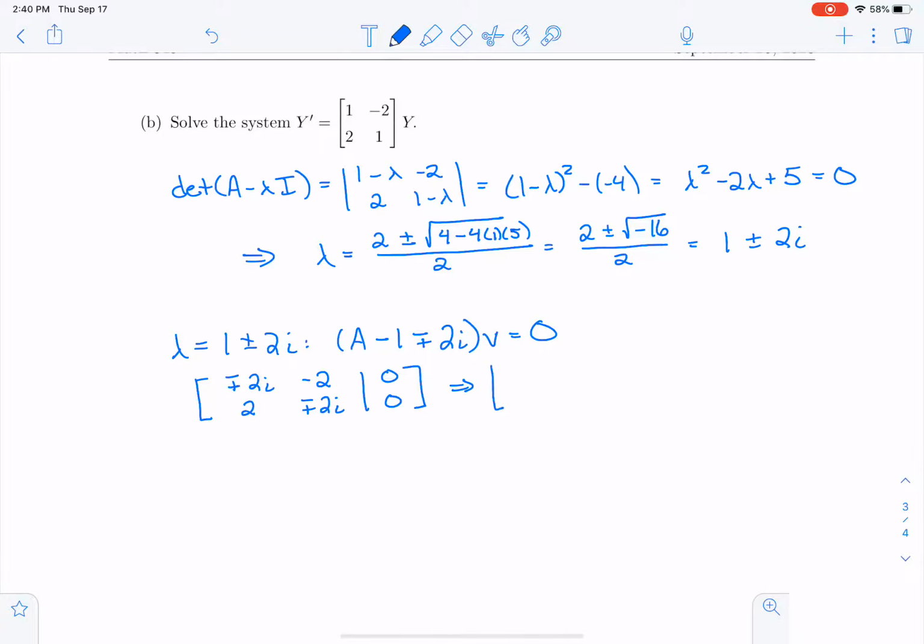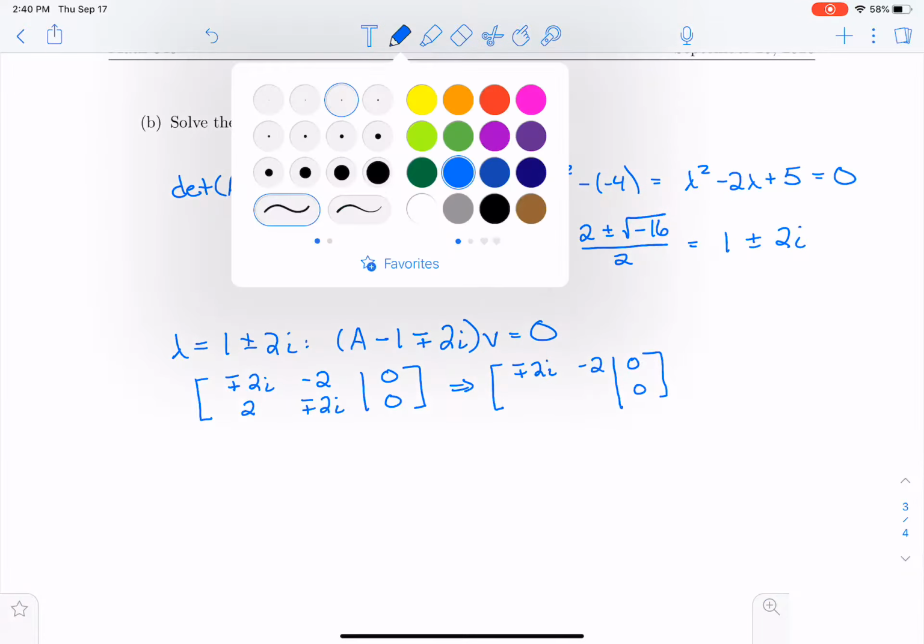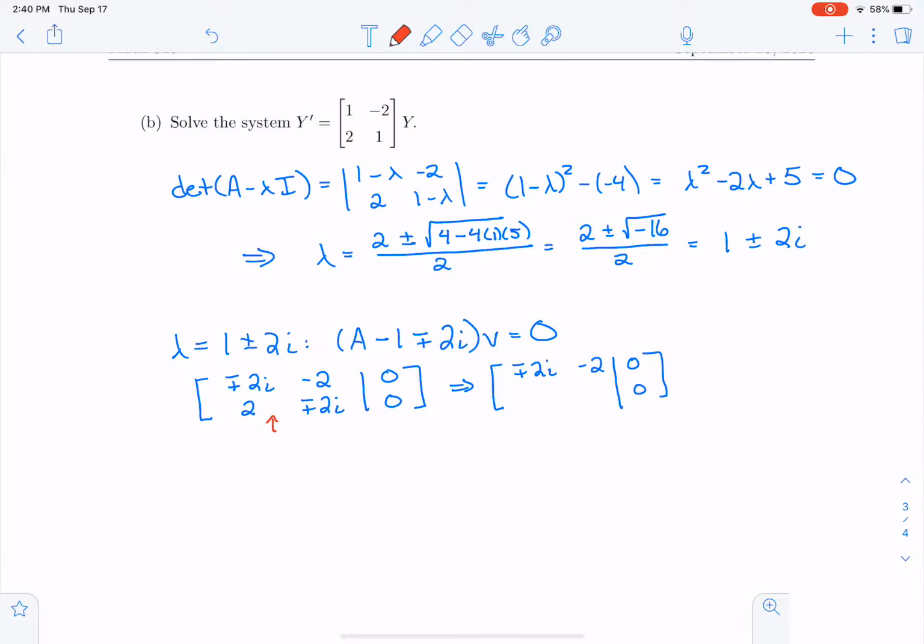Now, that's going to give me, the first row is going to remain negative or positive 2i, and then a negative 2, 0, 0 on the right side. And then I'll notice that if I take the second row and I multiply it by plus or minus 2i, and then add the rows together, then I will get a 0.